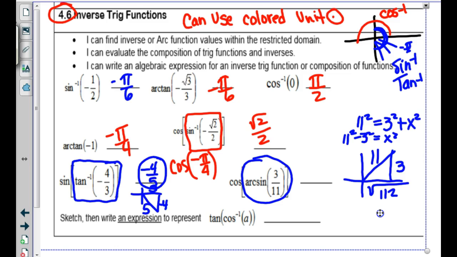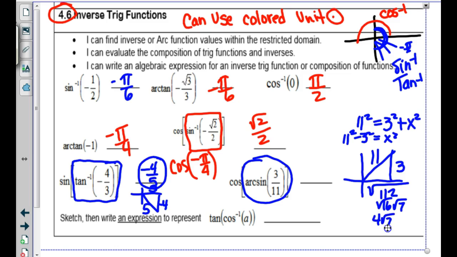What's 112 divided by 4? 28. So does 16 go in there? 112 divided by 16? 16 times 7. So we'd have 4 square roots of 7.